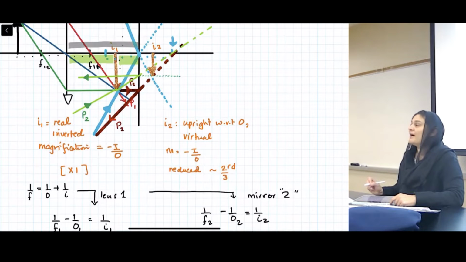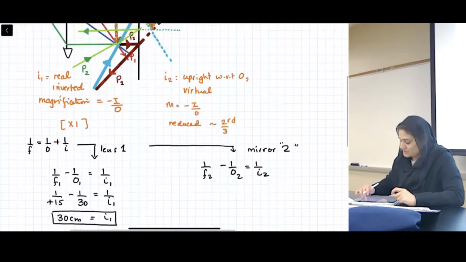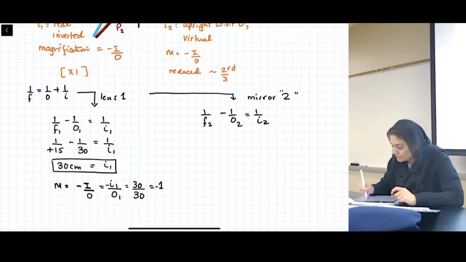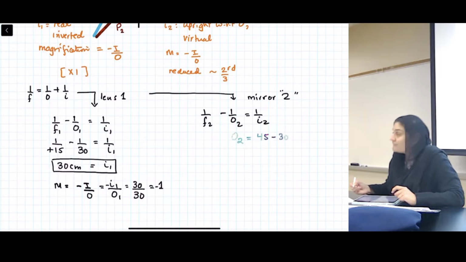If this is 45 and this is 30, how do you find this distance? 45 minus 30. So I'm going to just erase those. So your object 2 will actually be 45 minus 30.